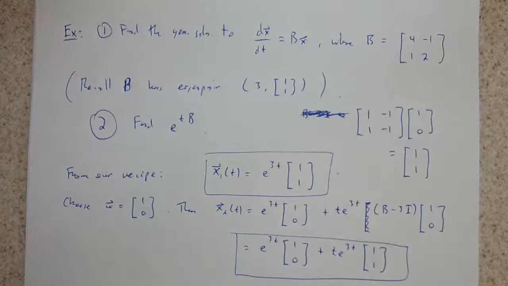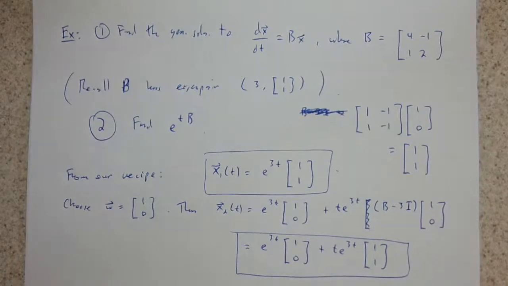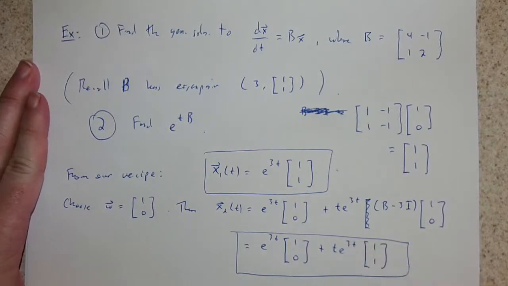So there's our two things here. Now I could rewrite this as e to the 3t times a single vector. If I combine these, this would be e to the 3t plus t e to the 3t, and that would be 0 plus t e to the 3t.